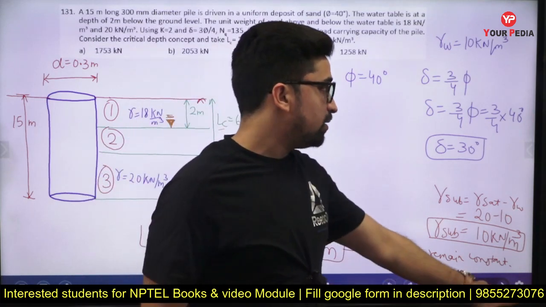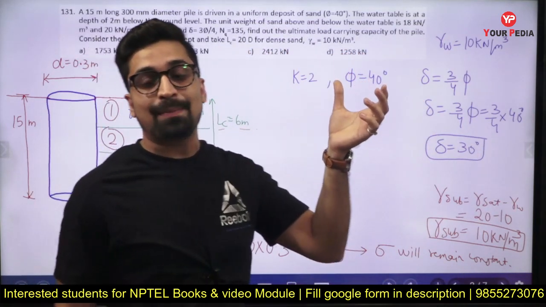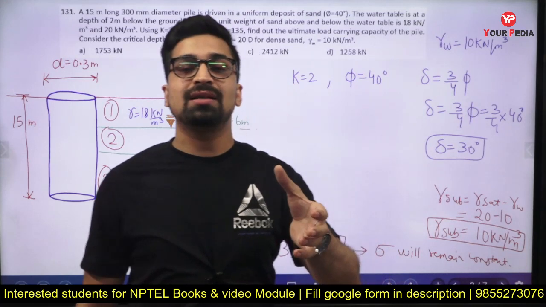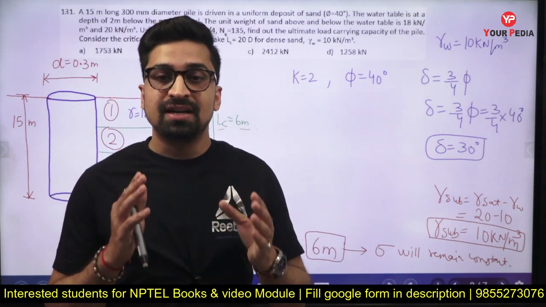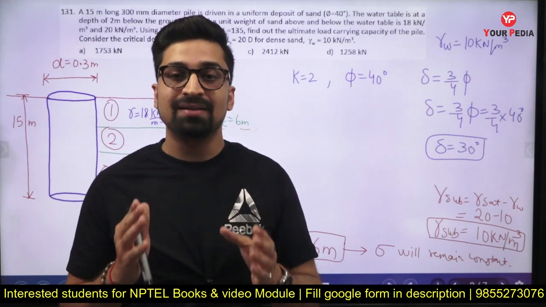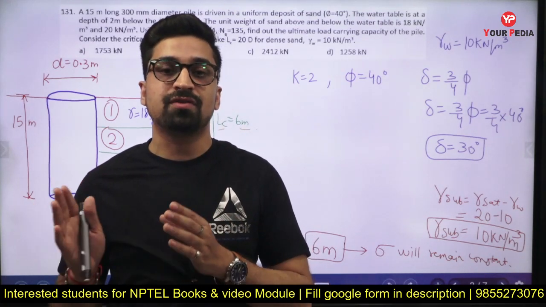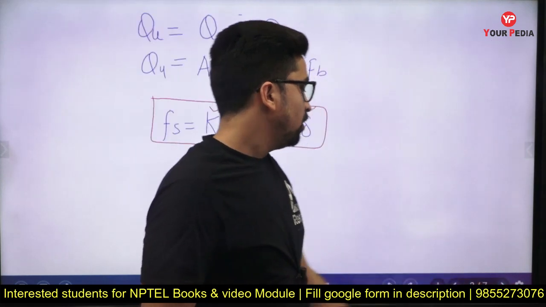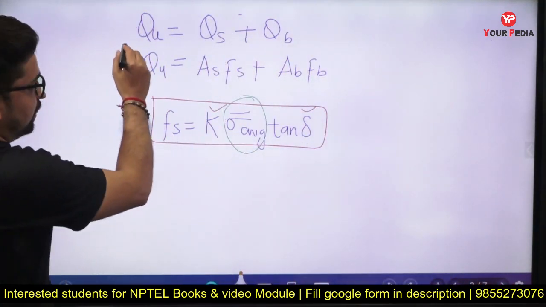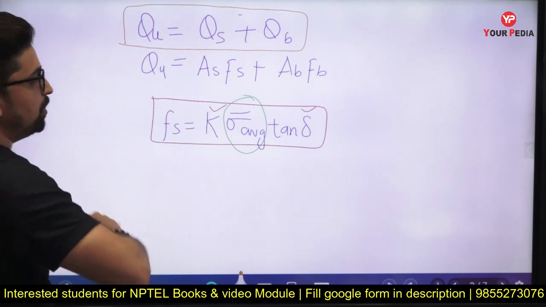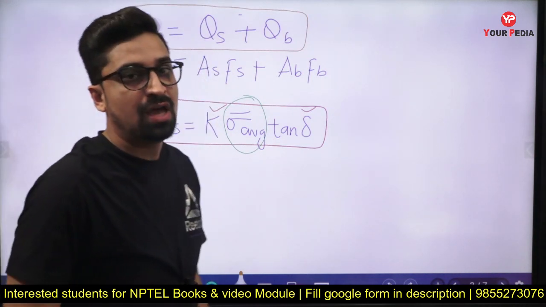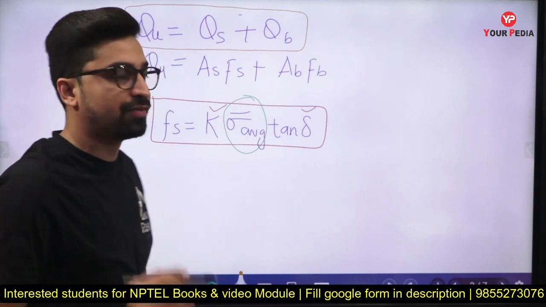Now they are asking you the ultimate load carrying capacity of the pile, and we know that it is the summation of the skin frictional resistance of the pile plus the point bearing resistance of the pile. So the total ultimate load carrying capacity is the summation of Qs plus Qb, where Qs is skin resistance and Qb is point bearing resistance.